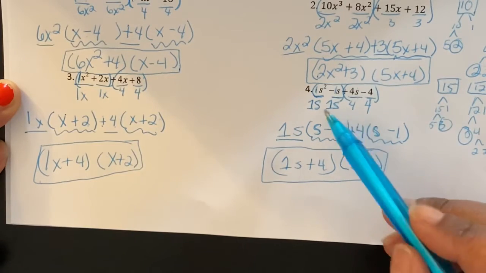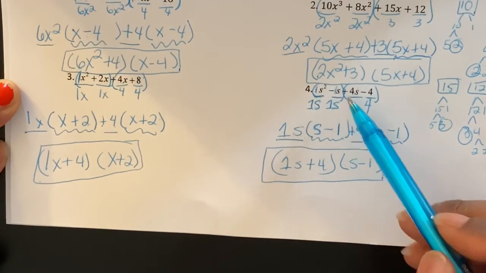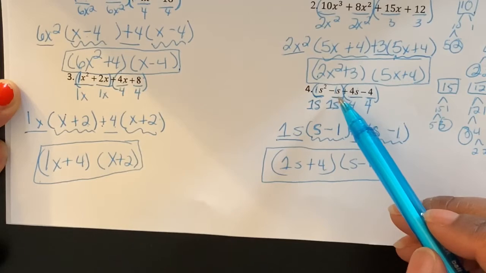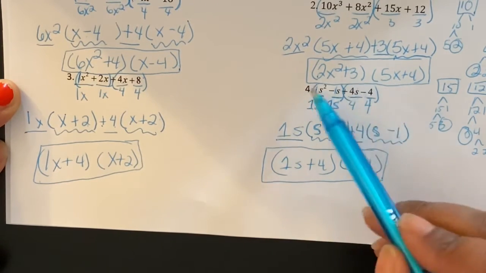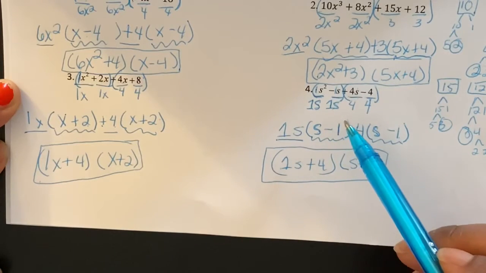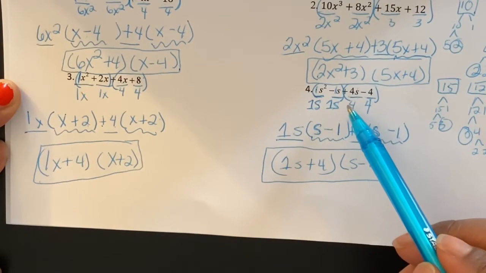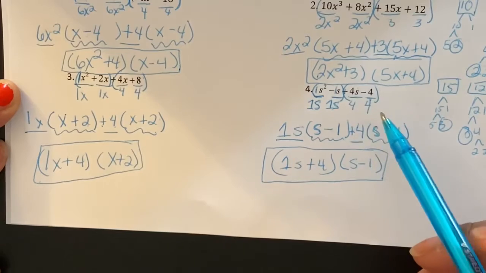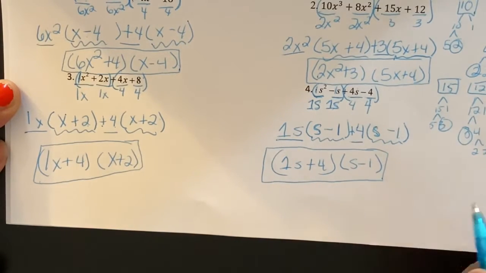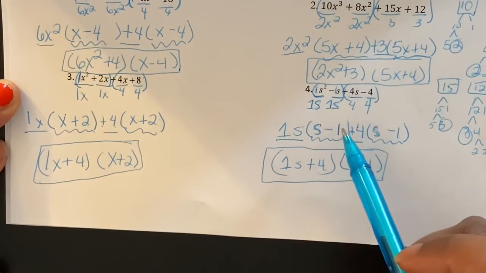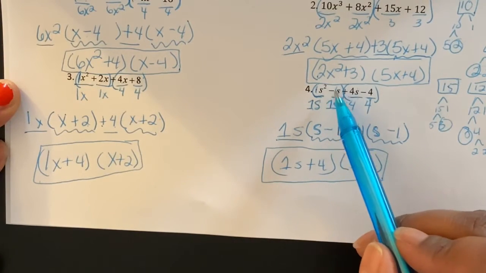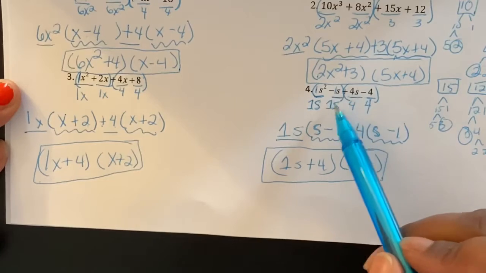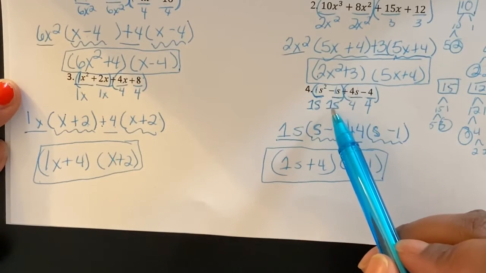And for number 4, I have 1s squared minus 1s plus 4s minus 4. As you can see here, we have s's instead of x's. Whatever variable that they give you, it could be t, p, q, r, it could be anything. You have to use that variable in your answer, okay? So 1s squared minus 1s, they have 1s in common.